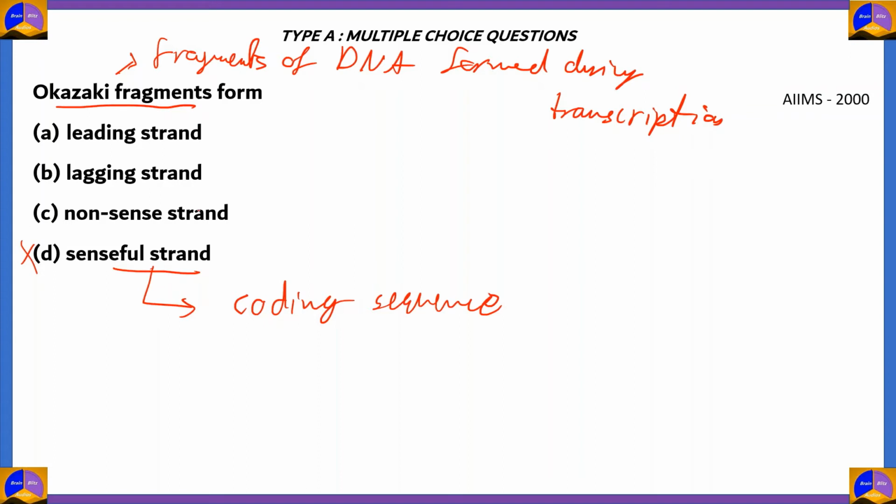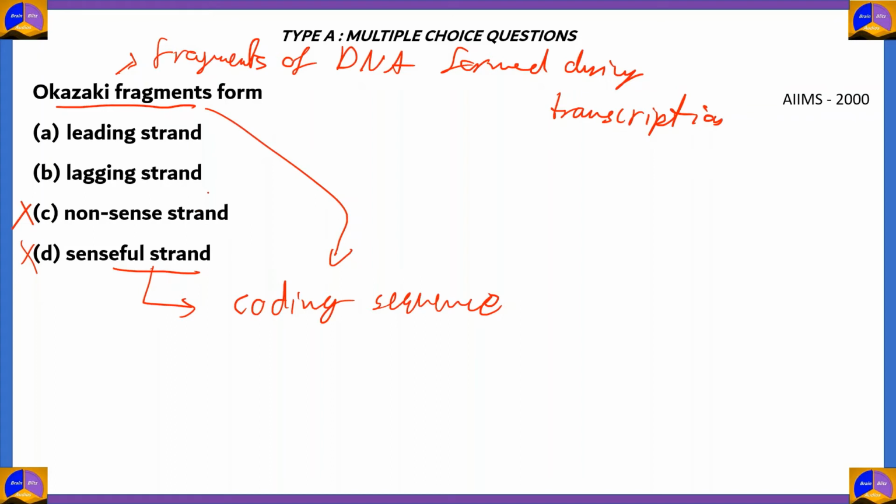What about nonsense strand? Well, you can't form a nonsense strand using Okazaki fragments because these are processed to form coding sequences. So they have to be a senseful strand, not a nonsense strand. So option C is incorrect. The reason why senseful is discarded is because you can have 2 types of senseful strands, the leading and the lagging, and we need to be quite specific in terms of Okazaki fragments.